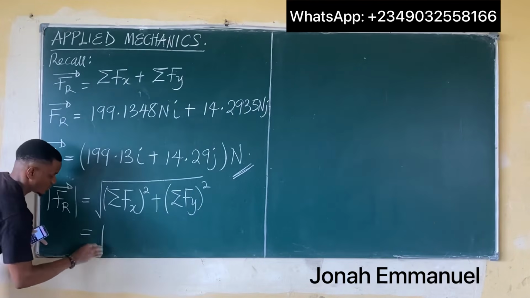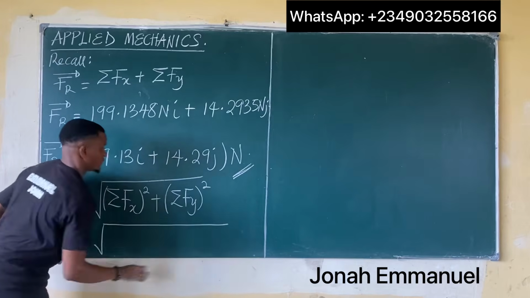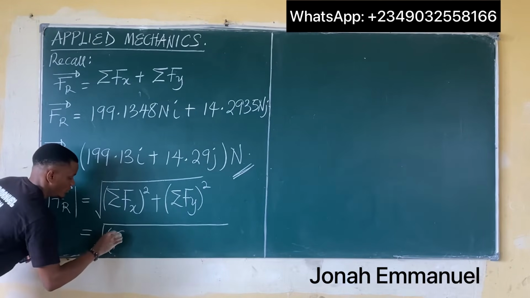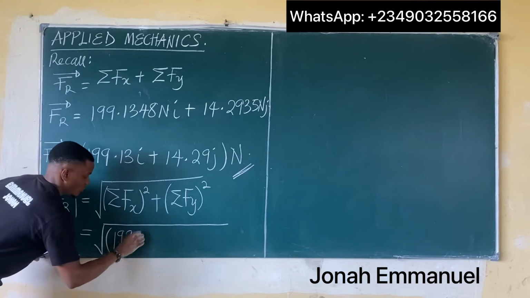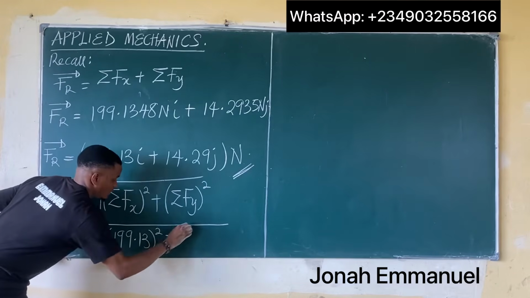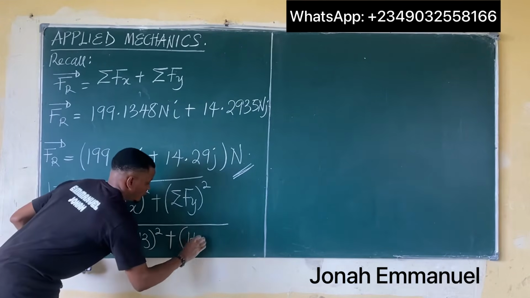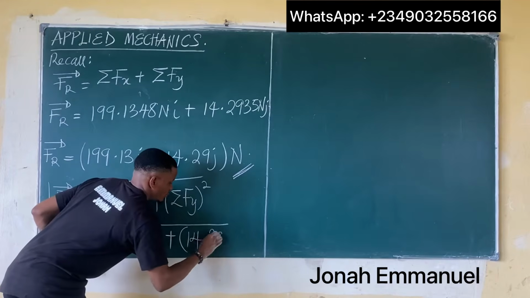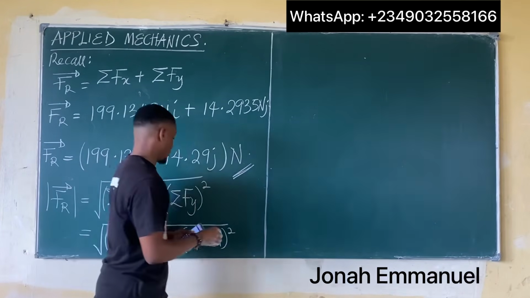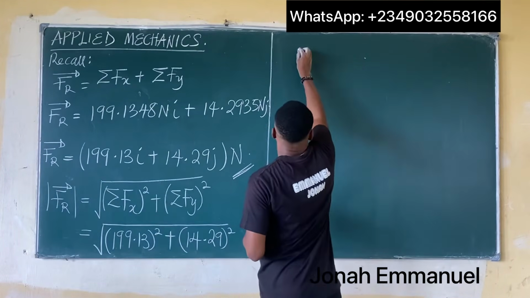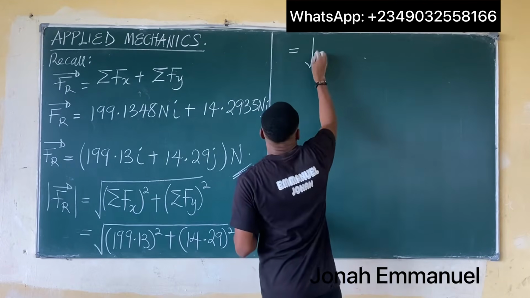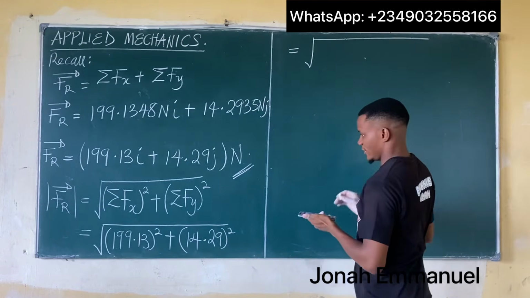That's equal to the square root of 199.13 squared plus 14.29 squared. I'll just have to square each value and get the answer.